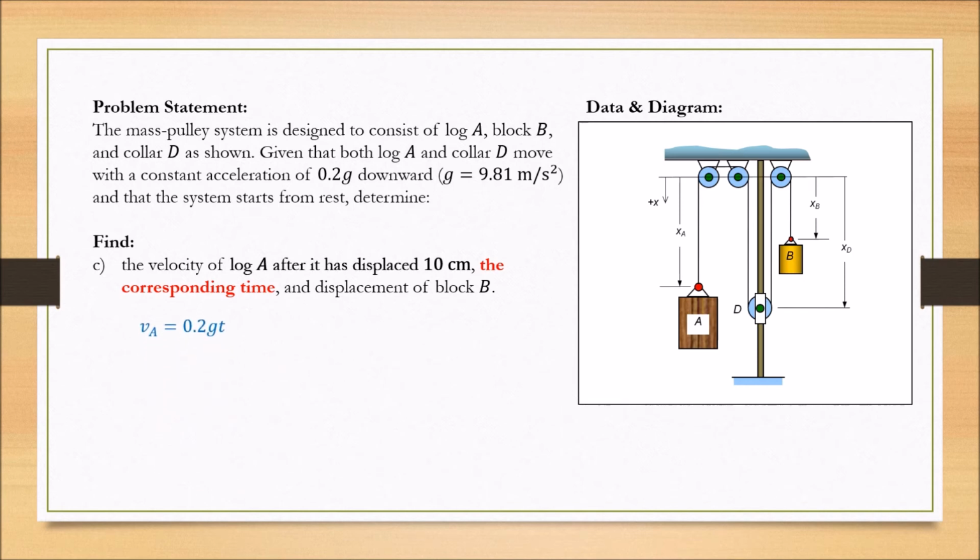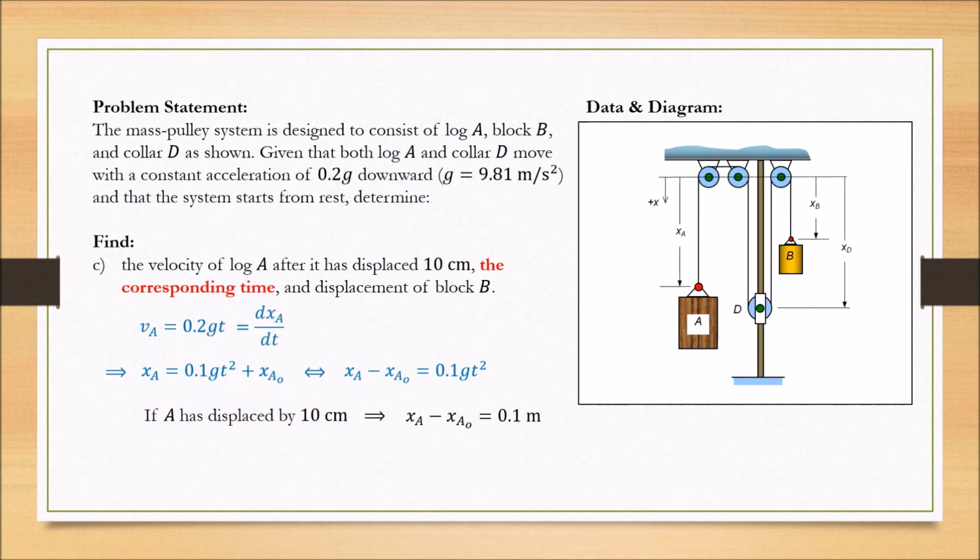vA is the differential of position, dxA over dt. Integrating that, we obtain xA equals 0.1 gt squared plus xA naught. Or we can write xA minus xA naught equals 0.1 gt squared. xA minus xA naught is the displacement. If xA minus xA naught equals 0.1 meter, it is equal to 0.1 gt squared.